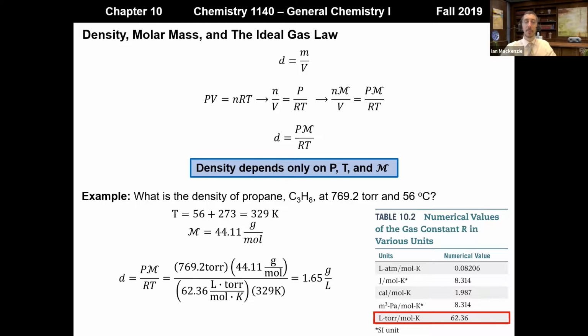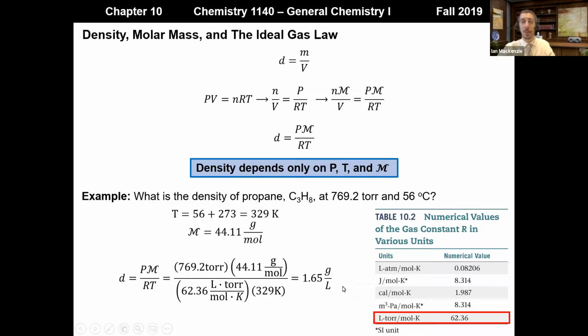Then I simply substitute all of these values in. If I keep careful track of my units, Kelvin will cancel, moles will cancel, torr will cancel, and I will simply be left with a density in grams per liter.